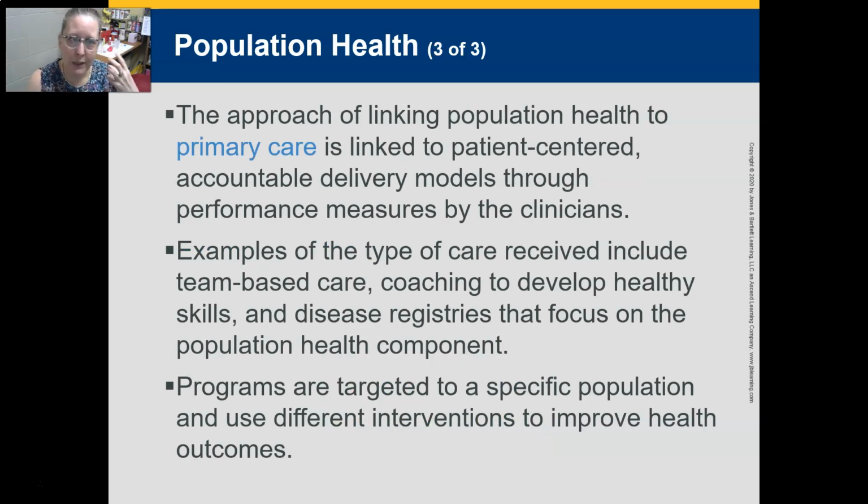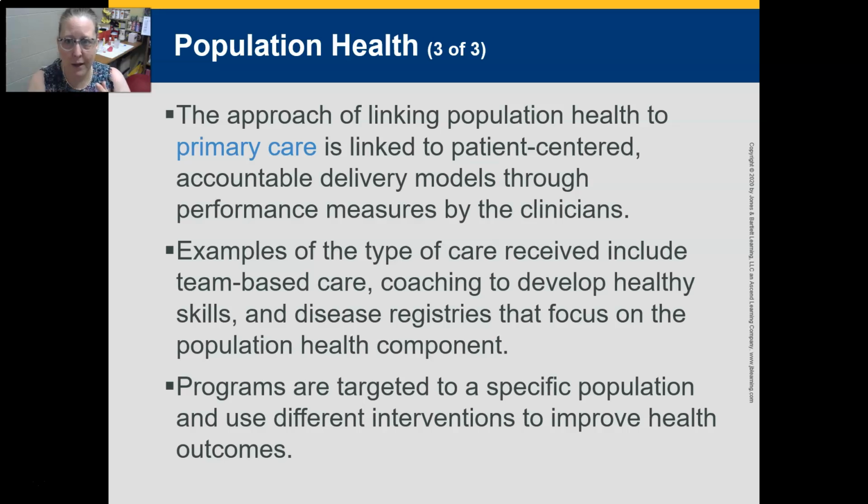So this approach of linking population health to primary care is what we call patient-centered accountable delivery models through performance measures by the clinicians. So again, primary care is the front line.